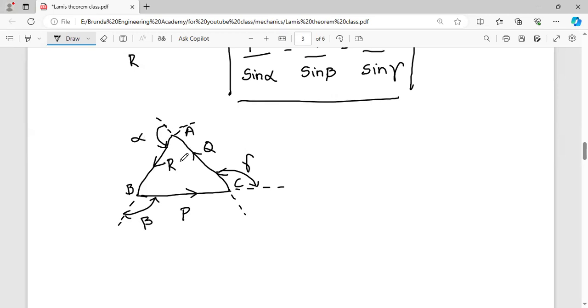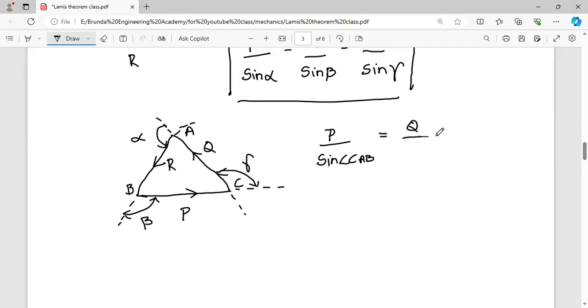Now take P. P is proportional to the sine of the angle between the other two forces, that means angle CAB, which is alpha.